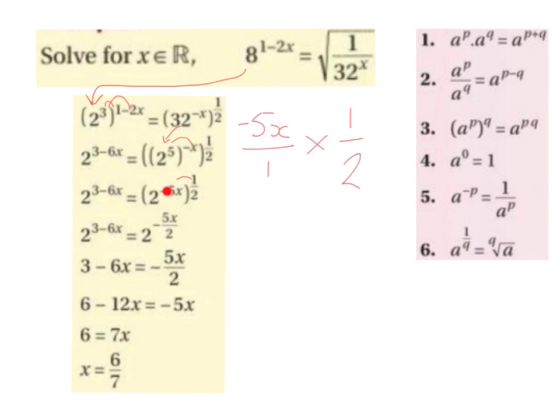So minus 5x becomes minus 5x over 1. And a half just stays as a half. And I'm multiplying fractions, so I do top by top, bottom by bottom. And minus 5x times 1 is minus 5x. And 1 times 2 is 2. So that's where the minus 5x over 2 comes from.